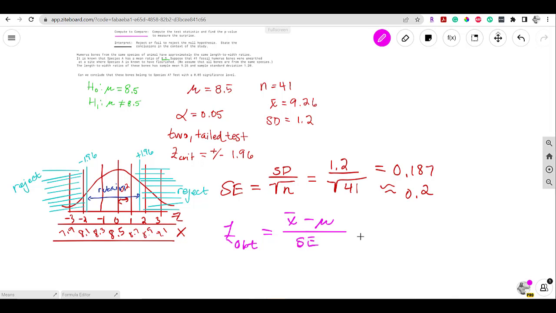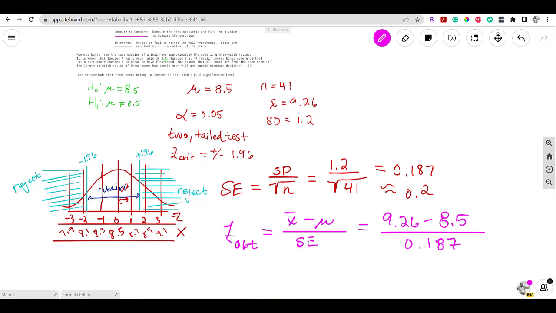So let's put the values in here. My sample mean is 9.26. My population mean is 8.5. And I'm going to divide that by my non-rounded standard error, because I want to make sure that I try to decrease error as much as possible.